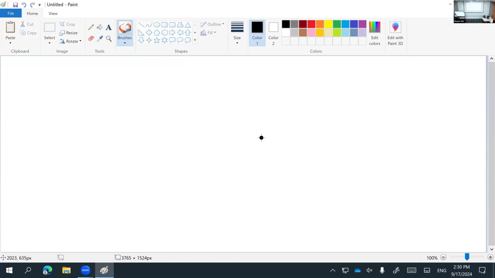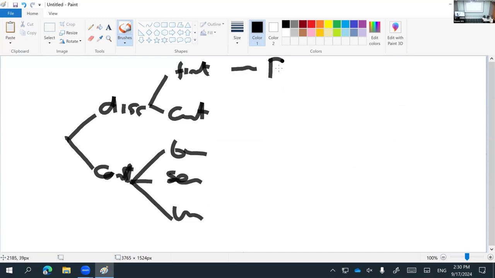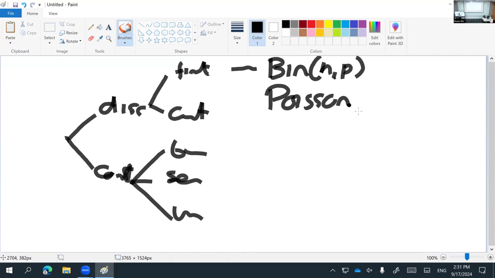Okay, so once again, discrete, continuous, finite, countable, bounded, semi-bounded, unbounded. Okay, binomial, Poisson. Now there's a reason why the parameters sometimes use n, use p, use lambda.